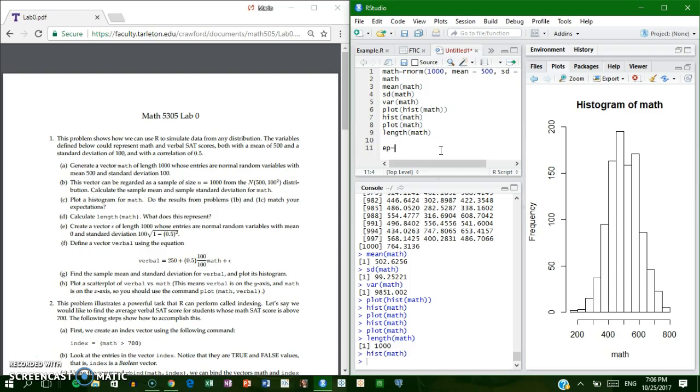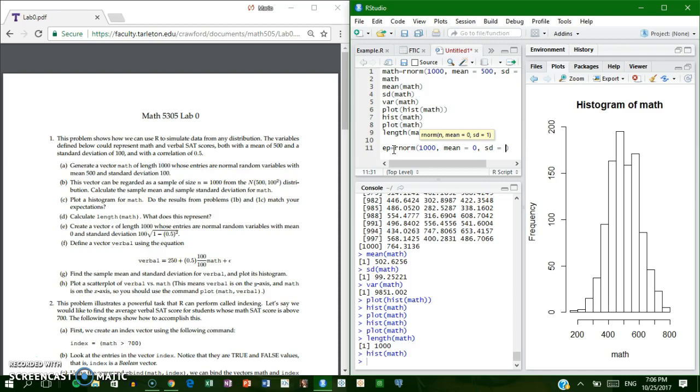It's equal to the rnorm function, n is 1000, comma, the mean is 0, and the standard deviation is 100 times the square root of 1 minus 0.5 squared.